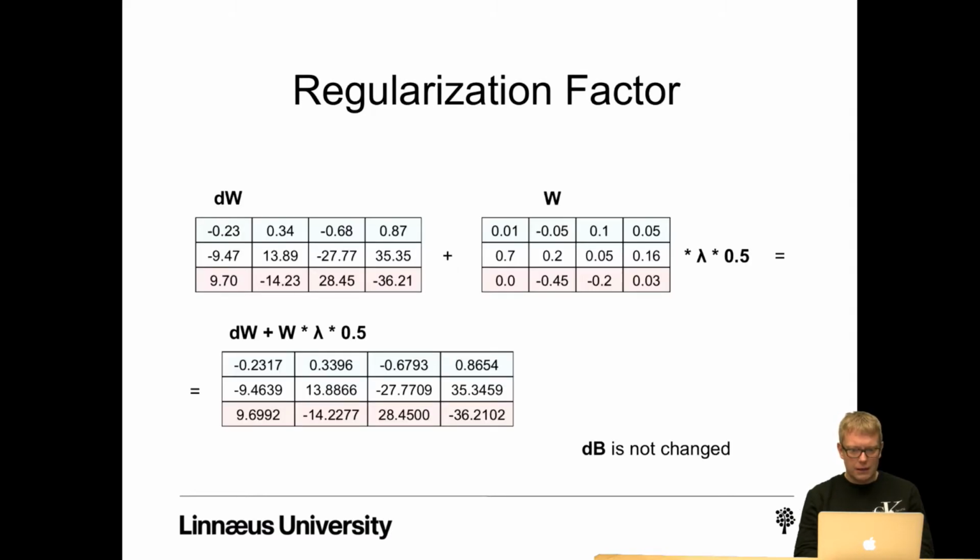We have the dW, that's the gradients we calculated, plus the weights matrix multiplied by lambda multiplied by 0.5, and that equals a new matrix where we have added the regularization strength. So it's just adding each scaled value of W to the dW matrix. And the biases are not changed, since regularization only affects the weights.